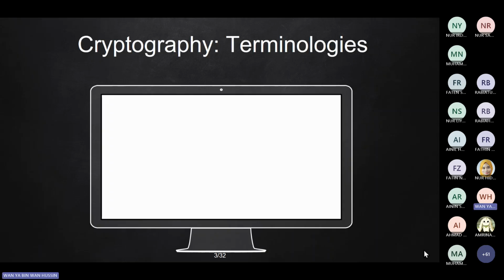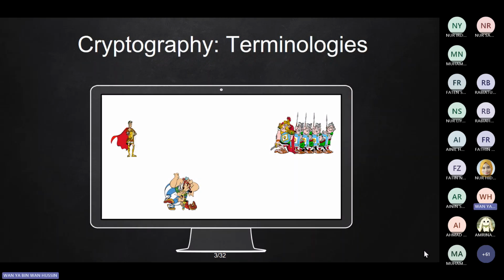The terminology. We have these three actors.